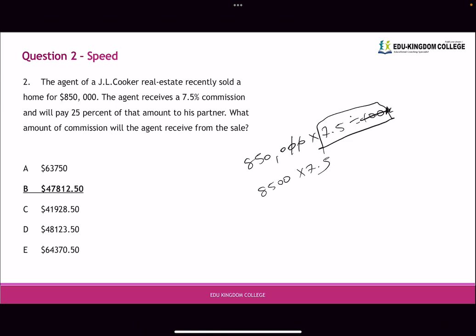What I'm going to do is split it up again. So 850 times 75. I've taken one of the zeros here and moved the decimal back, so multiplied it by 10.